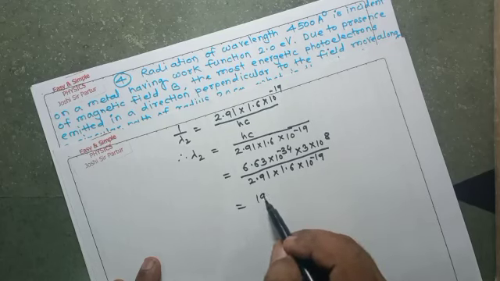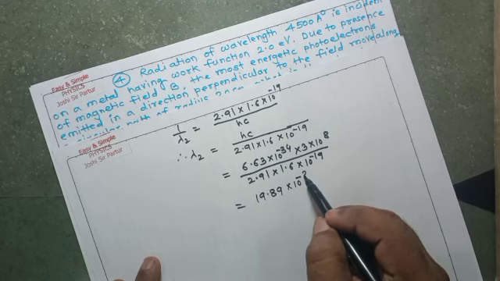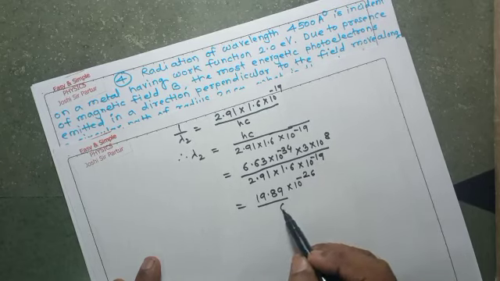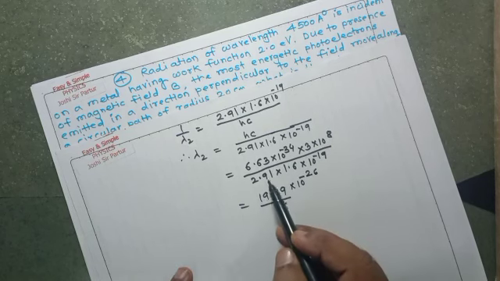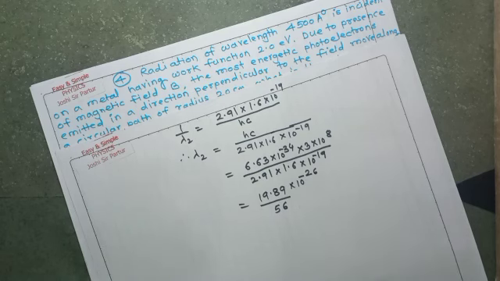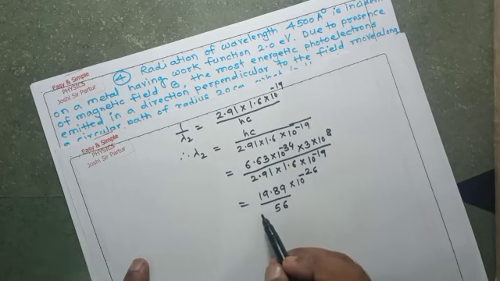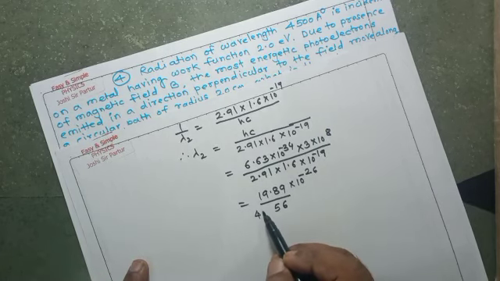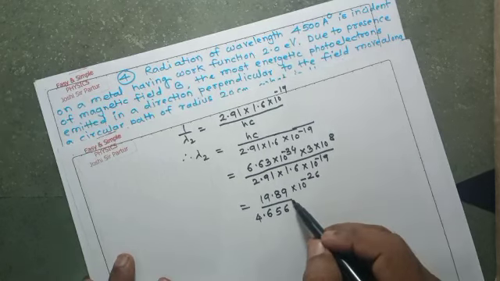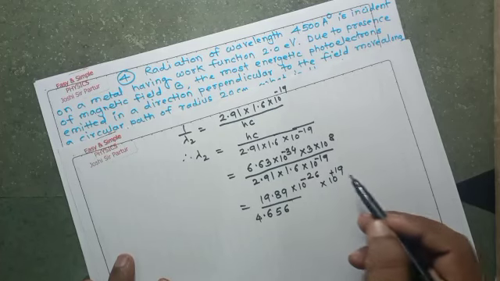So here 19.89 into 10 raised to minus 26 divided by 4.656 into 10 raised to minus 19. 10 raised to minus 19 goes to the numerator, so it is 10 raised to plus 19.